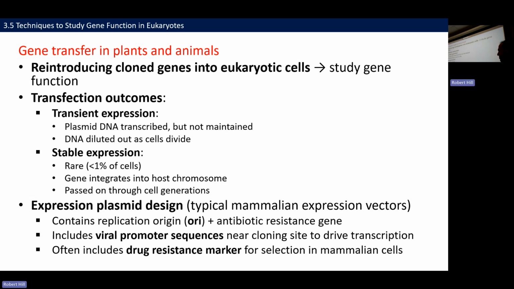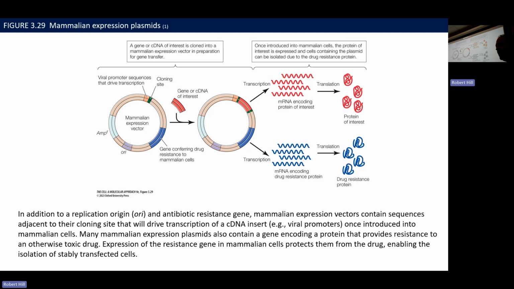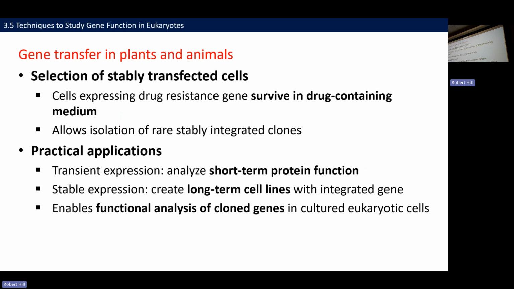Okay, so these expression plasmids, similar to prokaryotic expression plasmids, but with some subtle differences, right? Obviously, you have to have an origin of replication that's specific for mammalian systems. You have to have a promoter that will work in mammalian systems. Viral promoters are great if you want to drive a really high expression level, things like that. Okay, but you can do the same thing that we did in bacteria in mammalian cells.